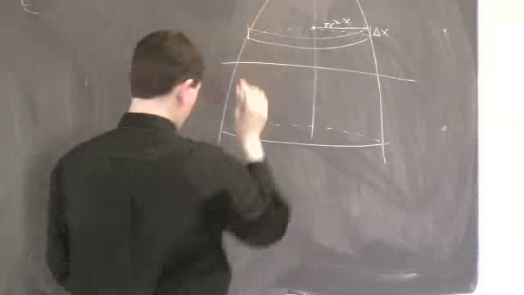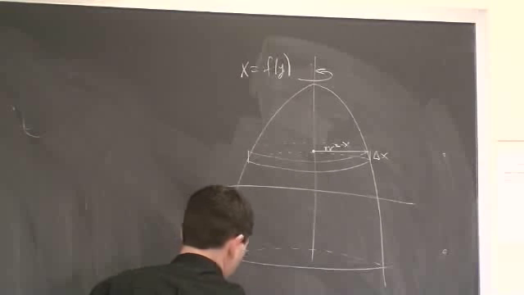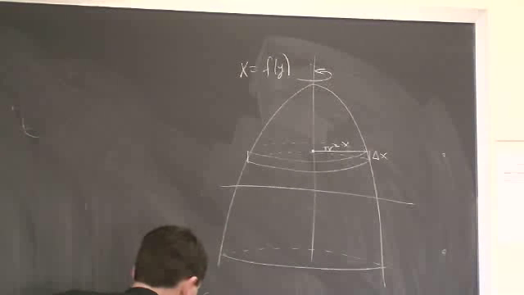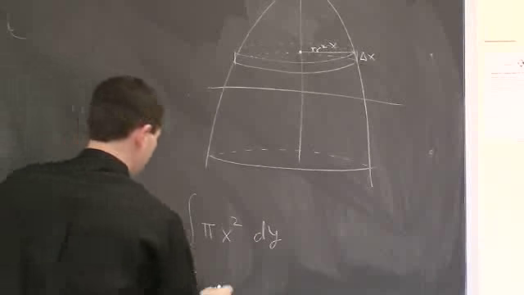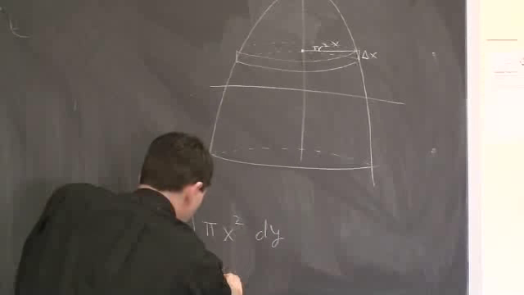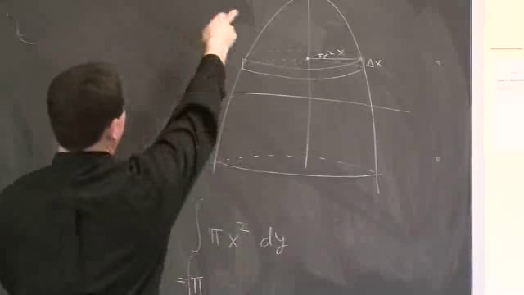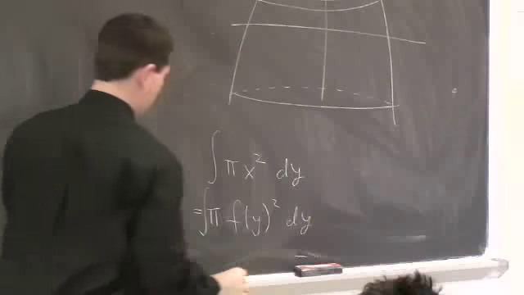That's why I don't write f of x squared here. And of course, there are some limits here that I'm not writing. You could also write this as pi, well, x is f of y, so f of y squared dy.